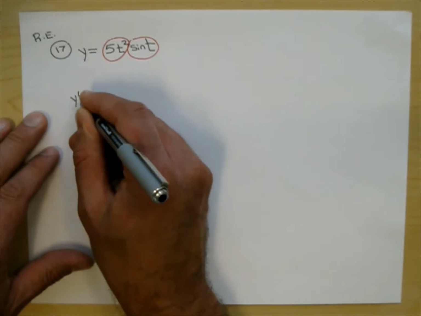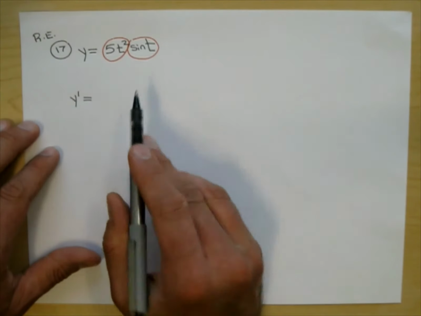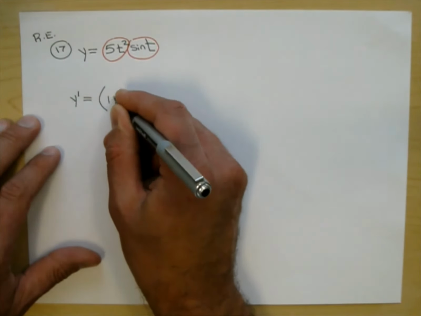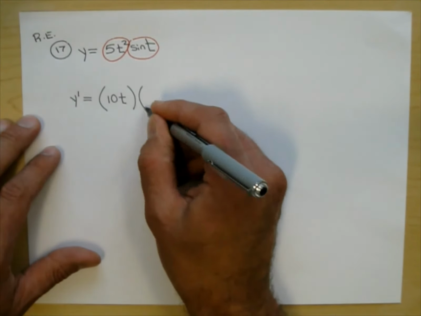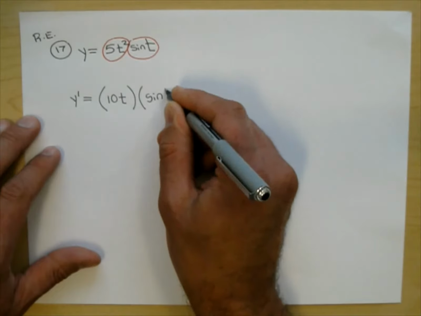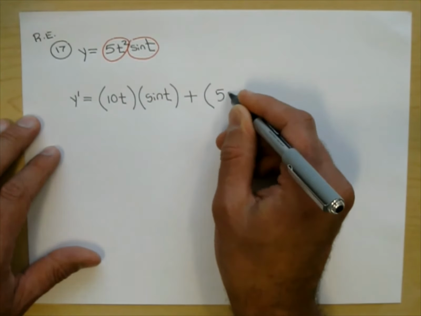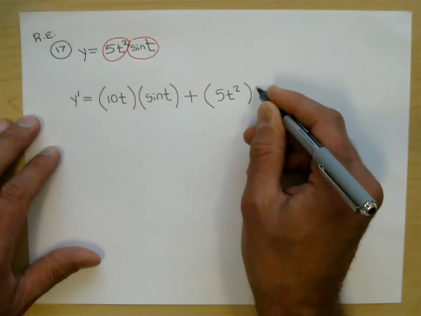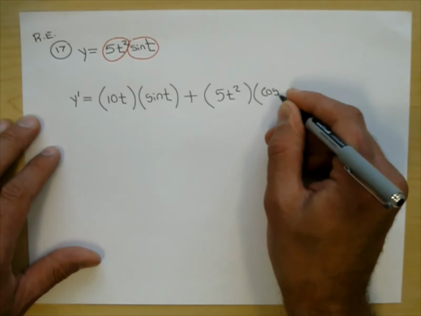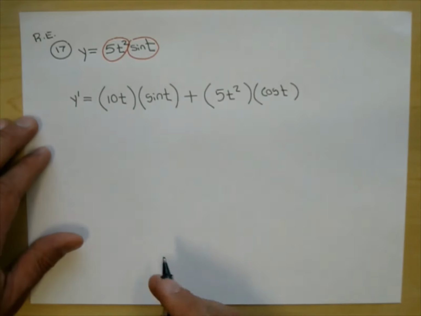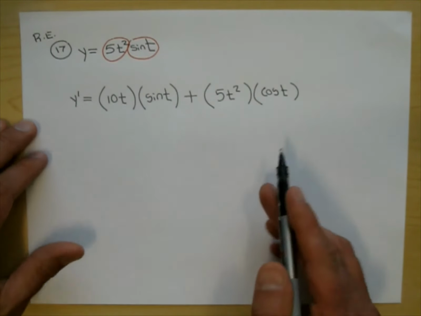So the derivative of our function of this product, you take the derivative of the first times the second plus the first times the derivative of the second. The derivative of the sine is the cosine. And too bad I put parentheses, because if I didn't, I'd be able to box my answer.